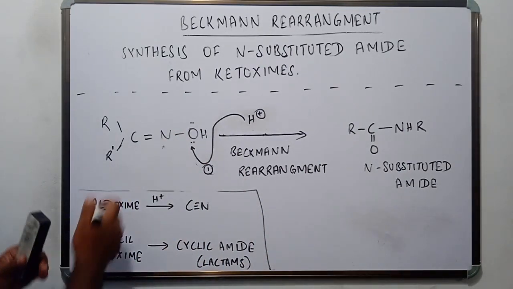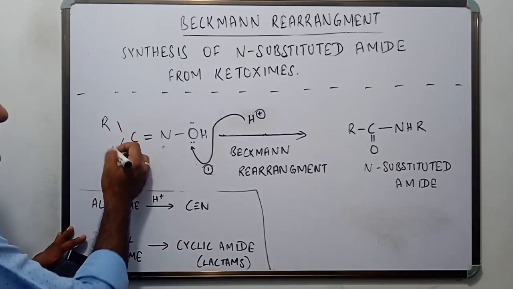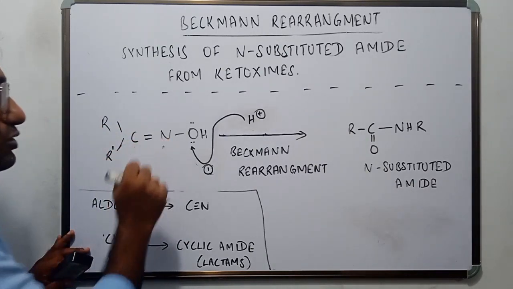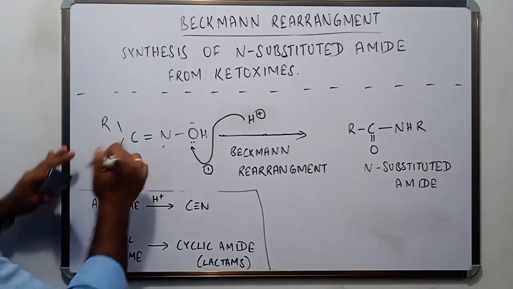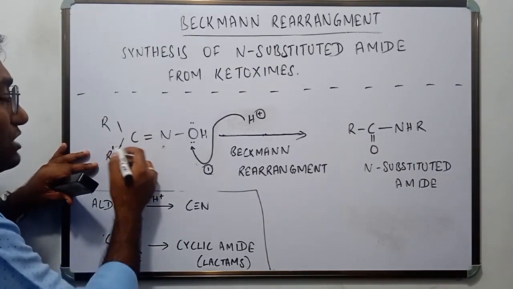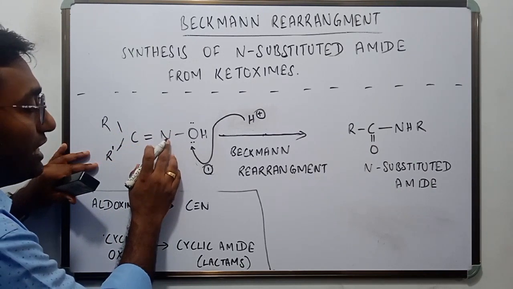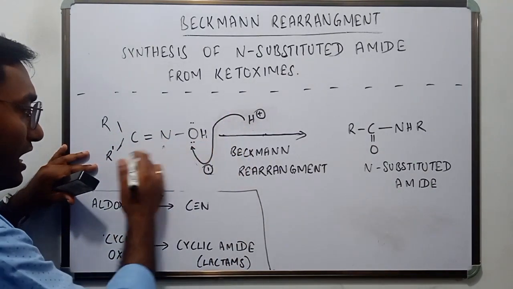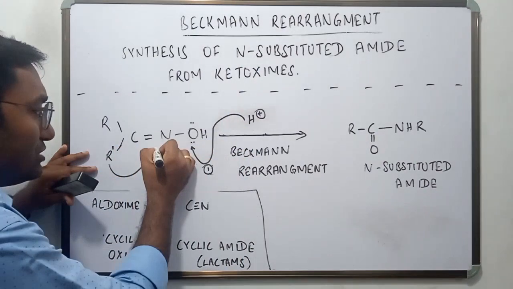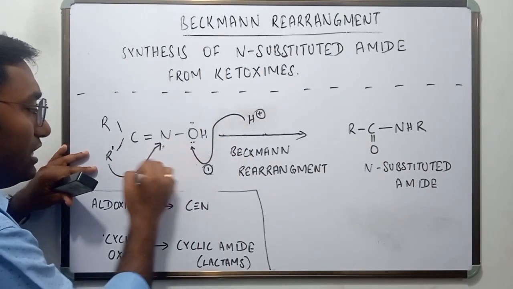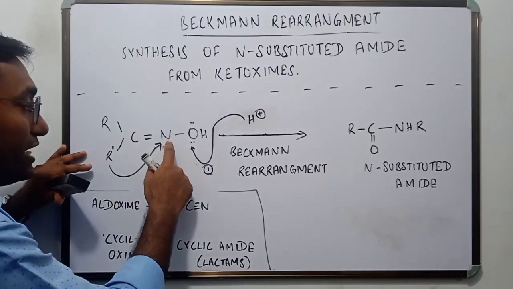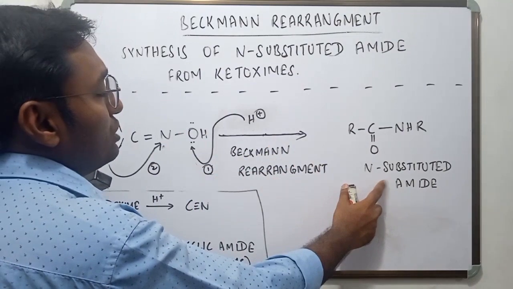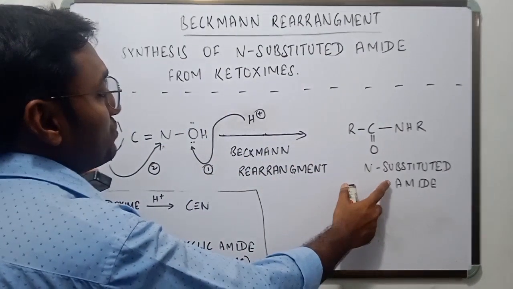Consequent to it, one of the alkyl groups migrates from the carbon of the oxime to the nitrogen of the oxime. The more electron donating group is what migrates to the nitrogen. And this rearrangement of the alkyl group to the nitrogen is what leads to the product, which is the N-substituted amide.